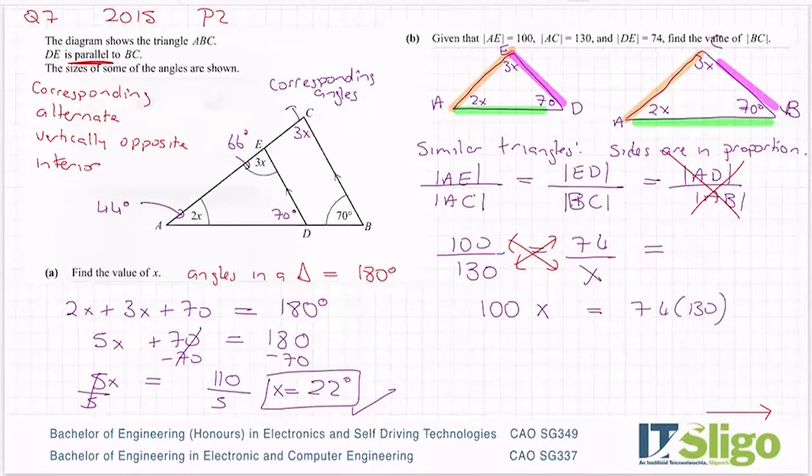Into my calculator, 74 by 130 is 9620. Divide by the number in front of x, so divide that by 100, and I got 96.2 for that length of x.